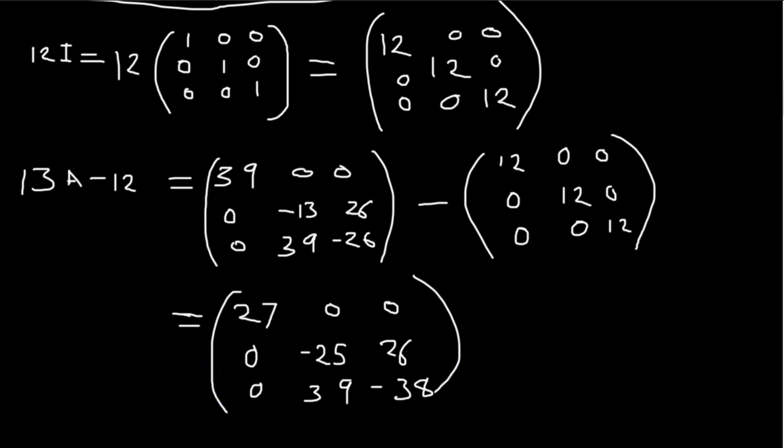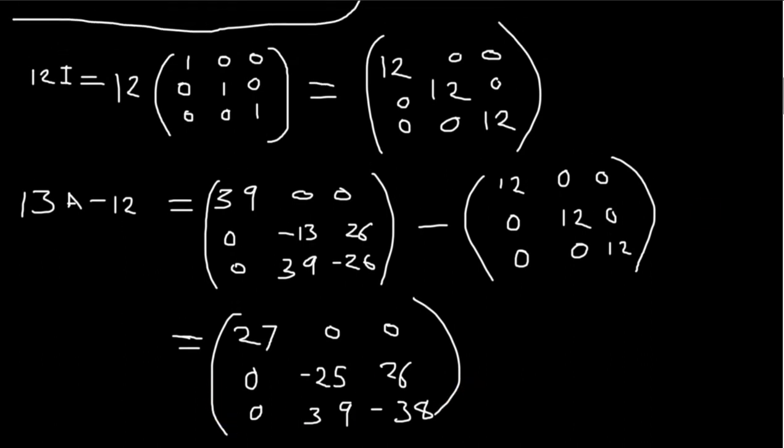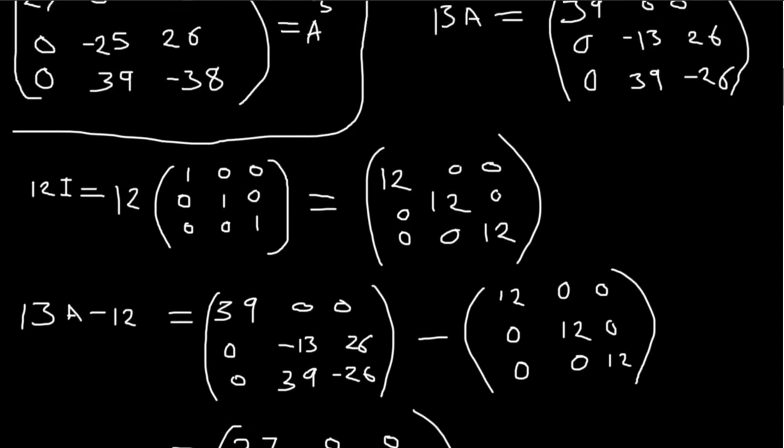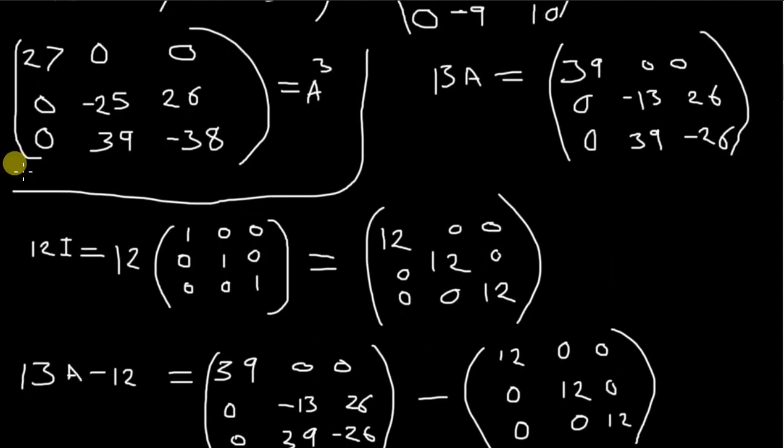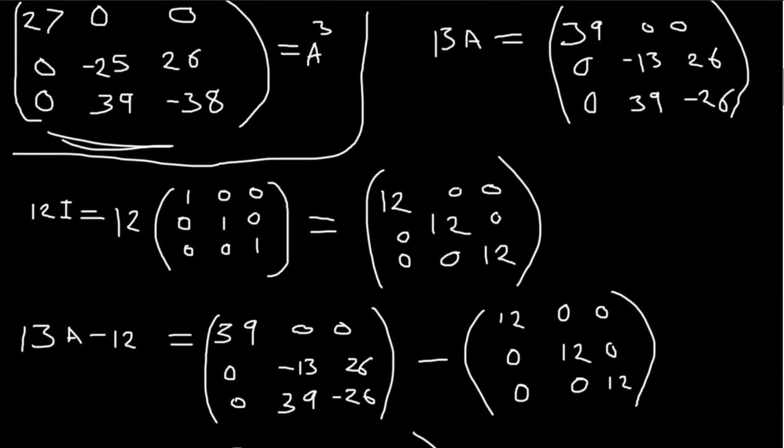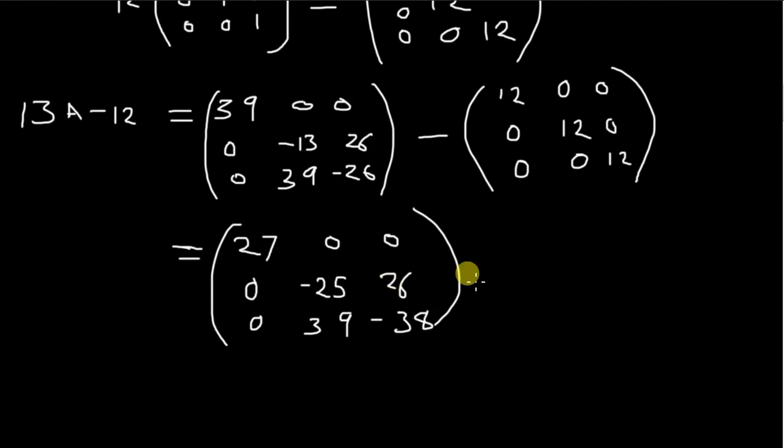So when you look at this matrix here, isn't it just the same as this matrix that we found here? This one here, which is a to the power 3. Of course, it's just the same. So meaning this can also be written as a to the power 3.